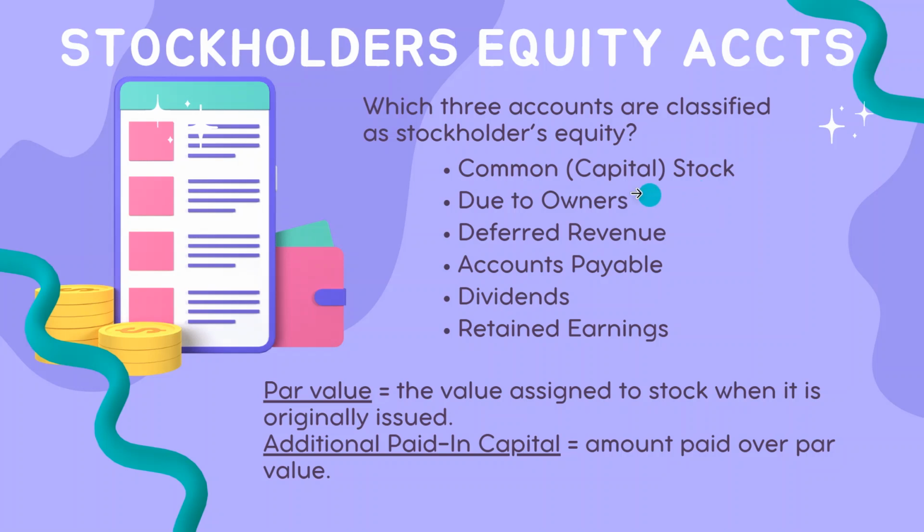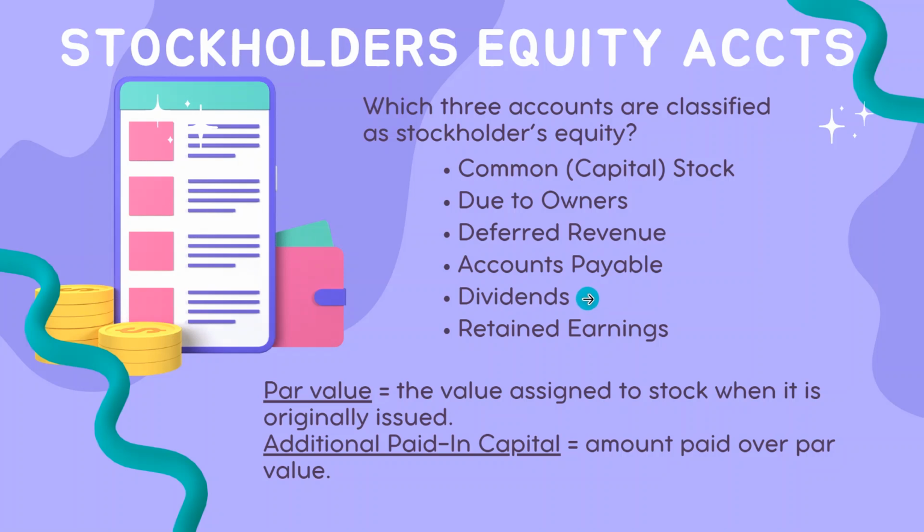Due to owners, that's not an account. Deferred revenue, you never learned that. Accounts payable, it's a liability, that's not it. Dividends, the D, drawing dividends, this is what you pay your stockholders for their investments, okay? You pay them based on how much you've earned. The board of directors decides whether to pay out dividends or not.